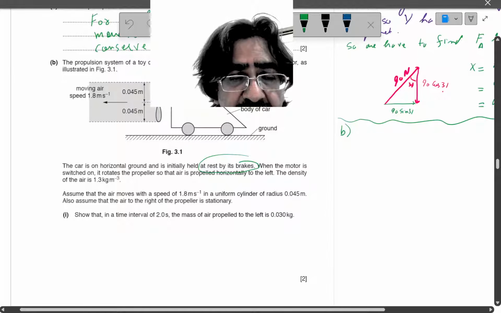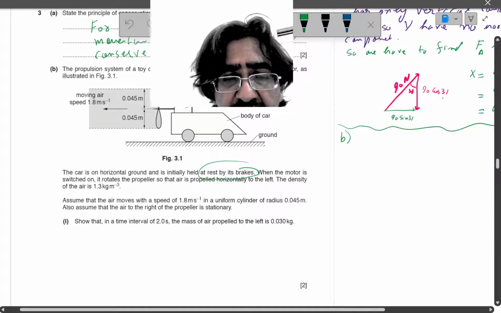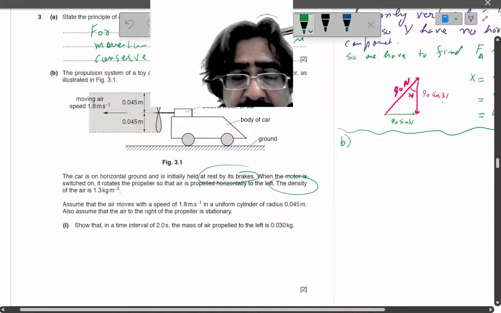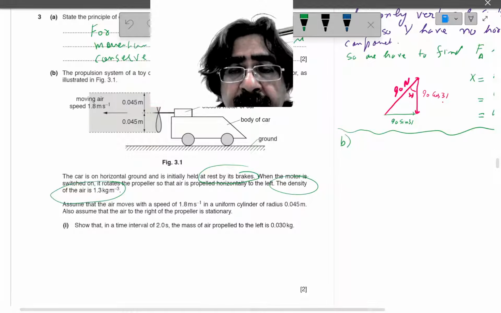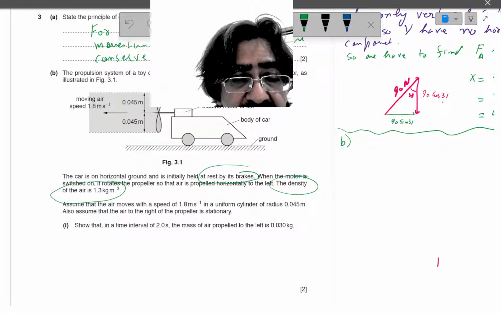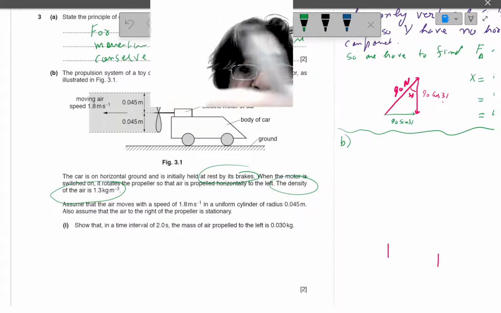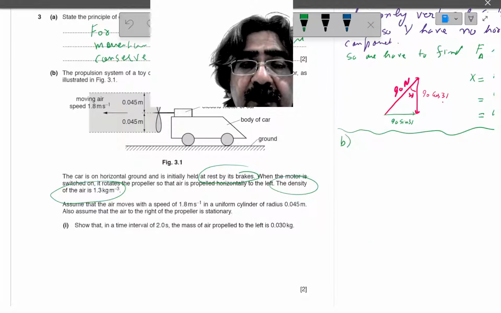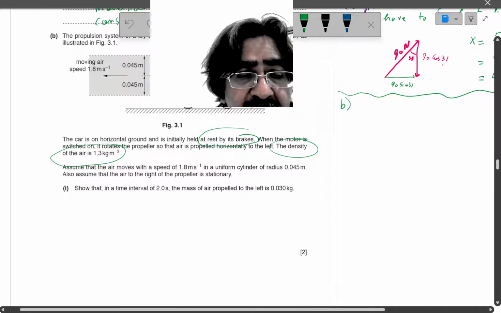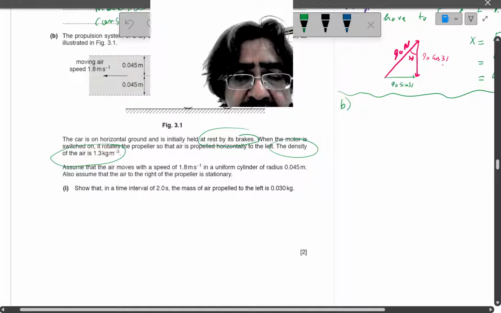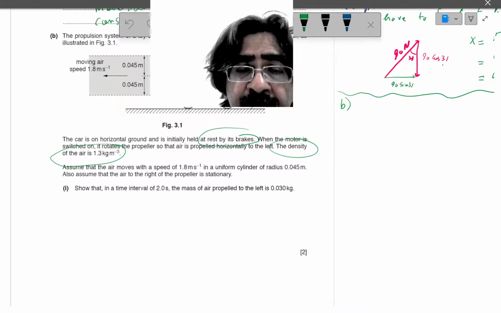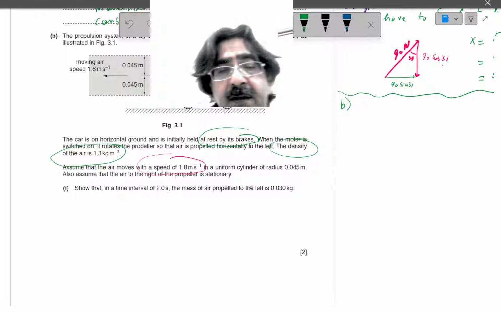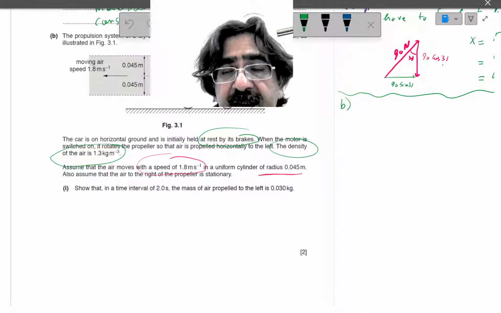Initially the motor was off. The rotation of the fans pushes air horizontally to the left. Density of air is 1.3 kilogram per meter cubed. Assume that air moves with the speed, airspeed, in a uniform cylinder of radius.